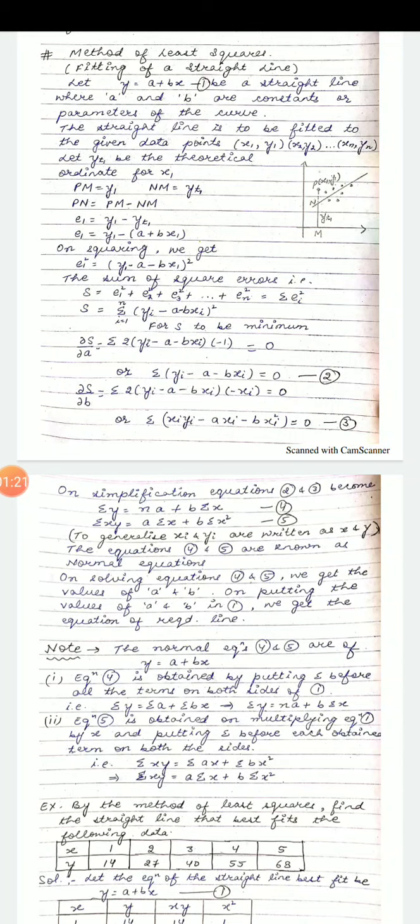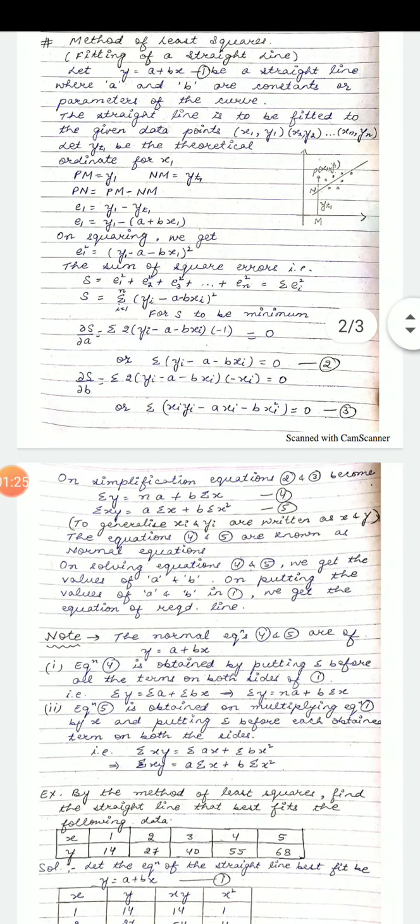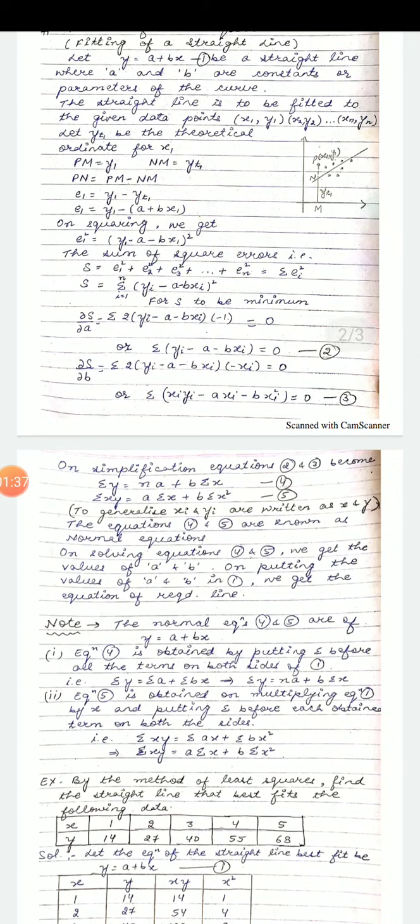So error e1 is equal to y1 minus yt1, so e1 is equal to y1 minus (a plus bx1). We get the value of yt1 as a plus bx1 on substituting in equation number 1. On squaring both sides, we get e1 square is equal to (y1 minus a minus bx1) whole square.